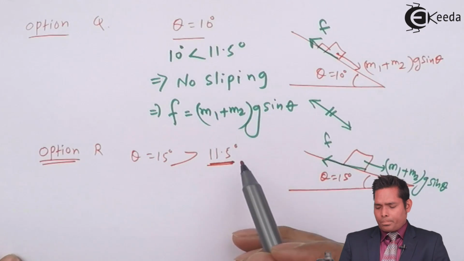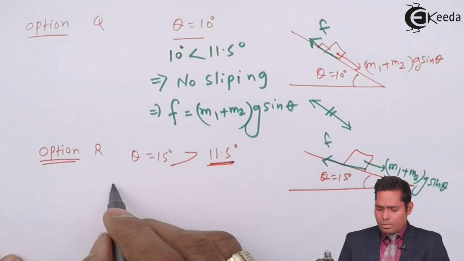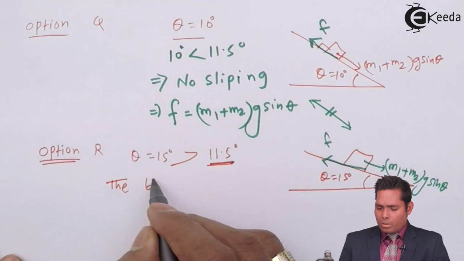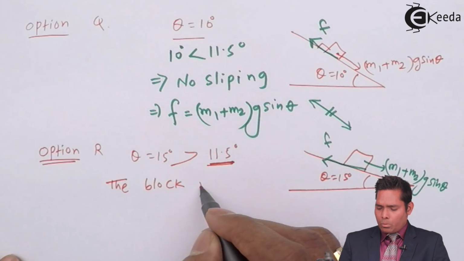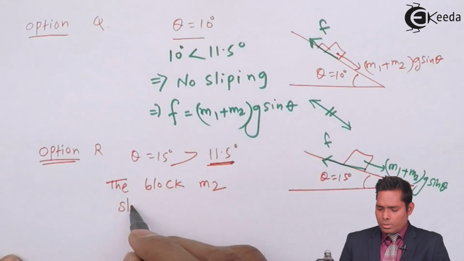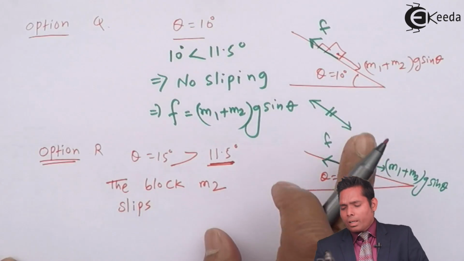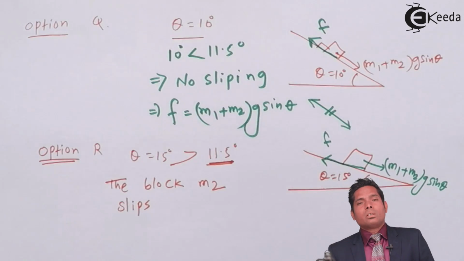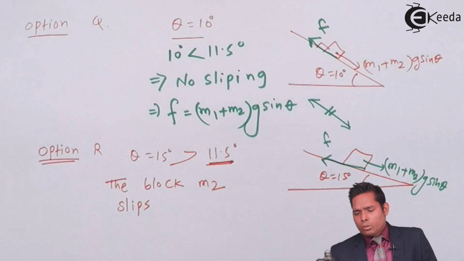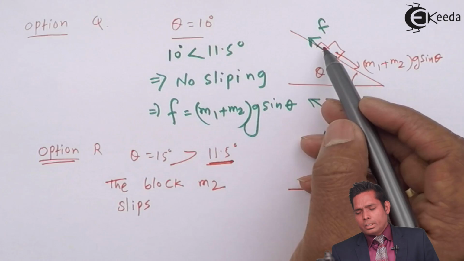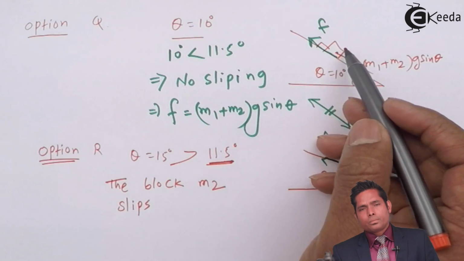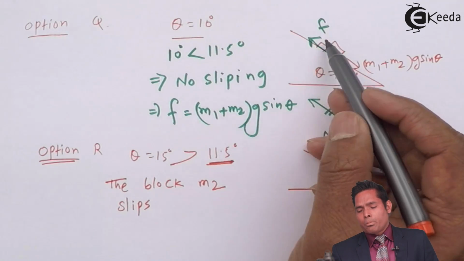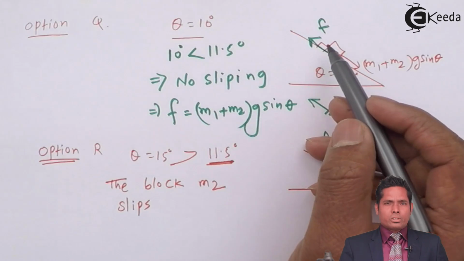then it will slip. So in this case, the block M2 slips. If this block M2 slips, this M1 also will slip, because the movement of M1 is prevented by this block, because this M1 is not having any friction.